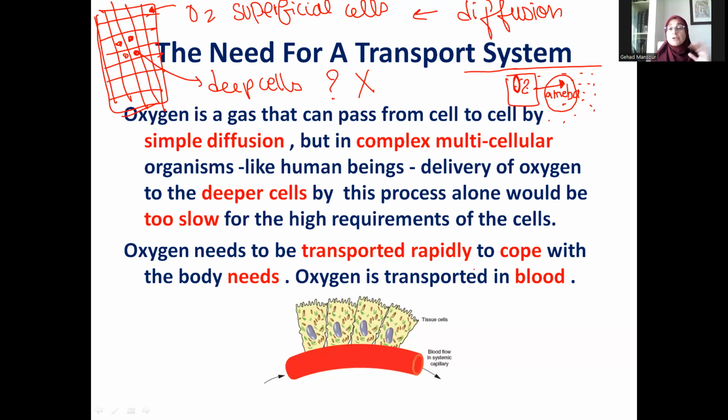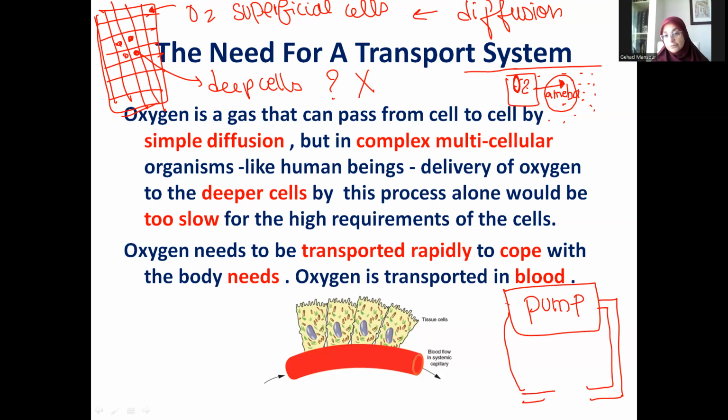And that's why such higher, more developed, more complex organisms require a transport system that contains a pump like the heart. We should have a pump, and that pump will have vessels connected to it, and those vessels will contain blood where oxygen will dissolve, and this oxygen will finally reach the cell.